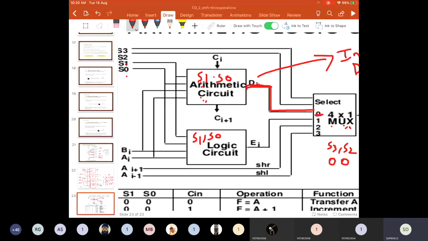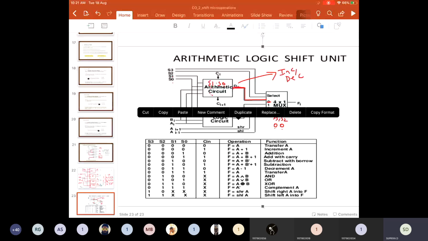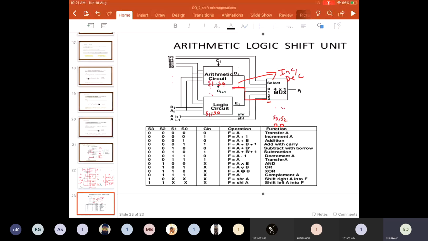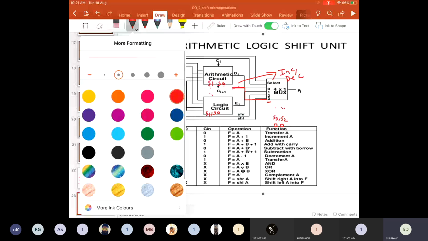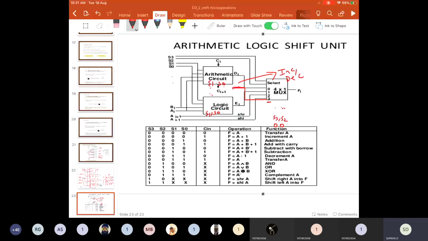For all of these, you are performing arithmetic operations when S3 equals 0 and S2 equals 0. This can be seen in all these rows, where still all the arithmetic operations are performed.